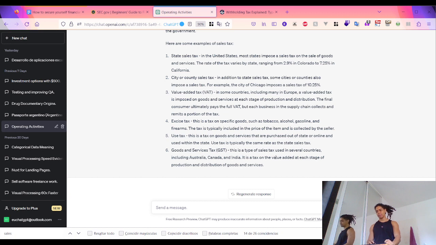This is a tax on the value added at each stage of production and distribution of goods and services. So you have value added tax and goods and services tax. Sales tax. Okay.